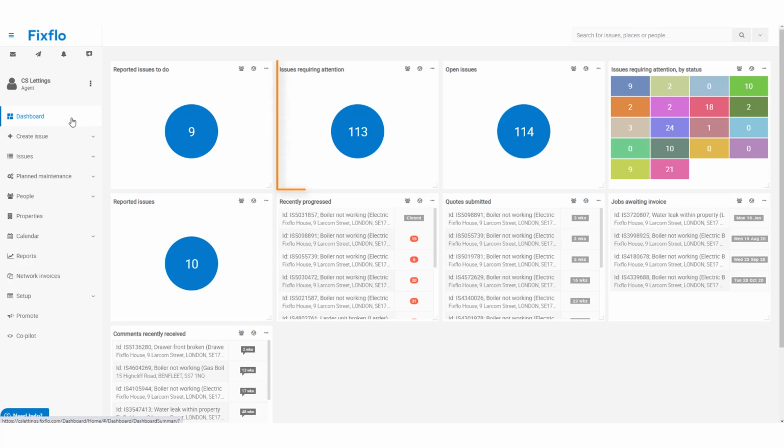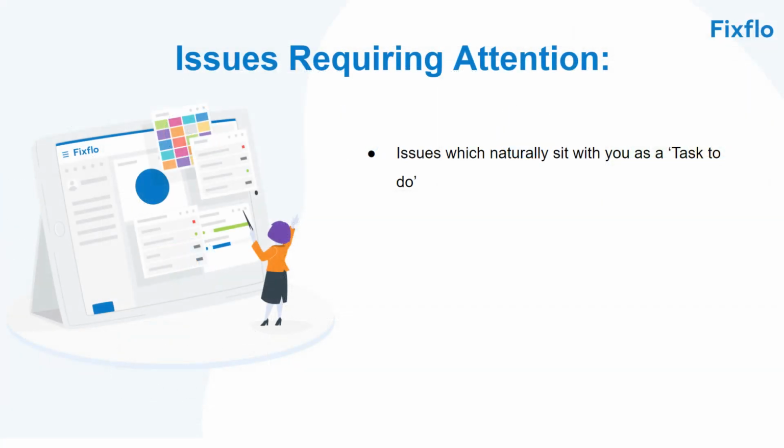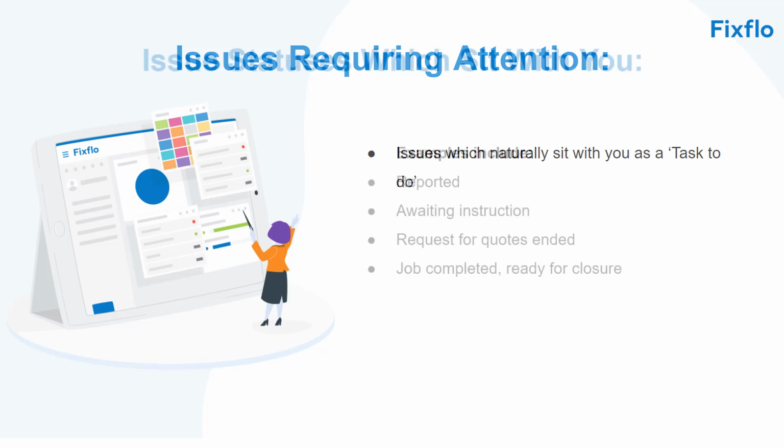Your second to-do list on your dashboard should be your Issues Requiring Attention. This panel sits on the right-hand side of Reported Issues to Do. Your issues requiring attention are your issues which naturally sit with you as your task to do. Certain issue statuses naturally sit with the agent to take the next step and progress the issue.